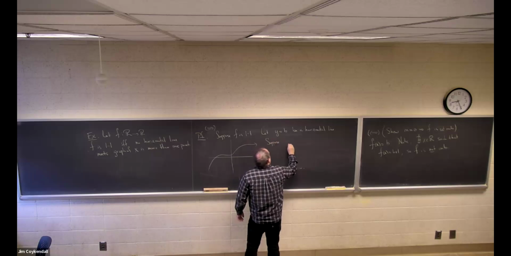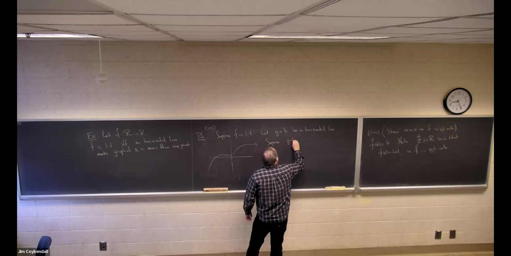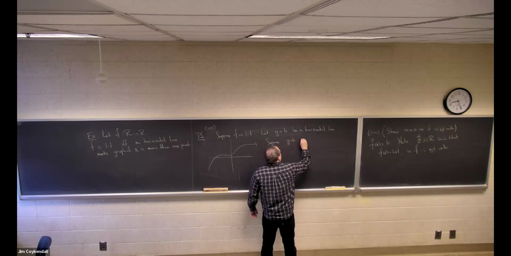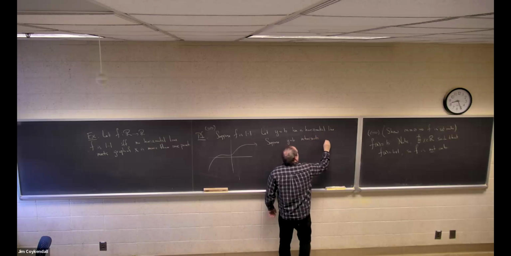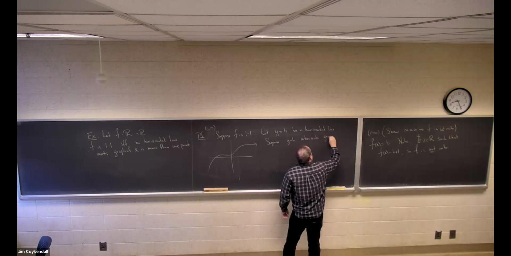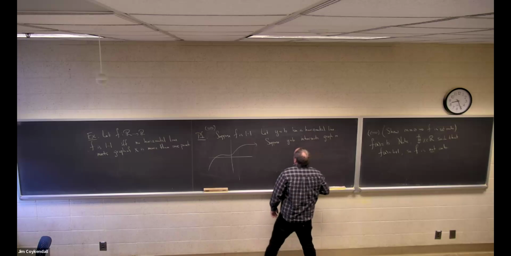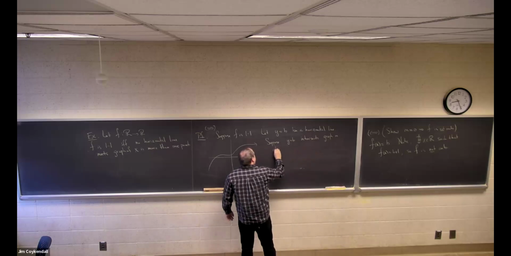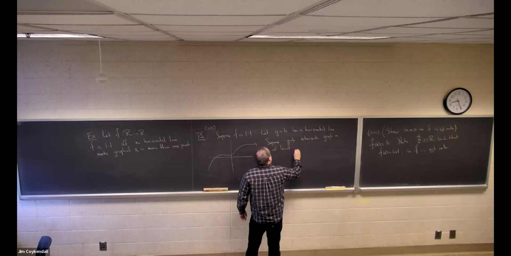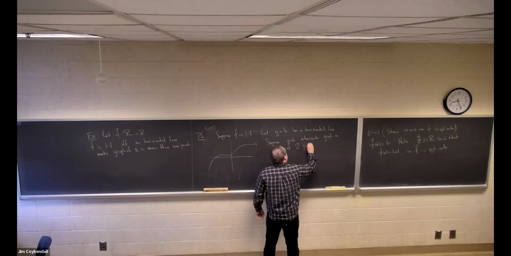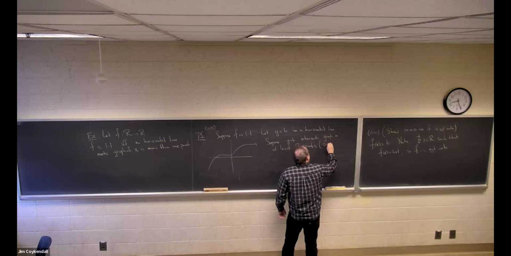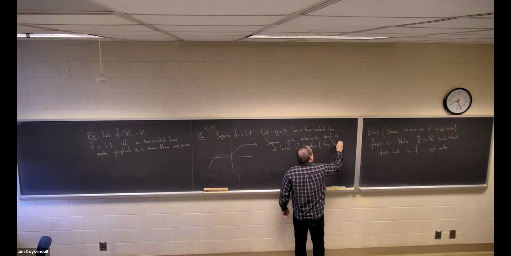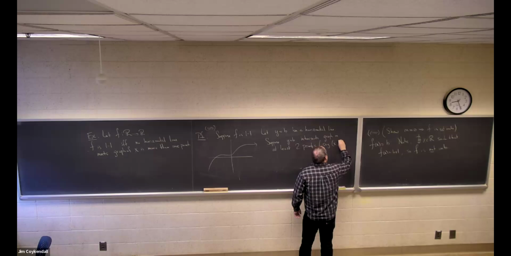Suppose y equals b intersects the graph in at least two points, x1 and x2.